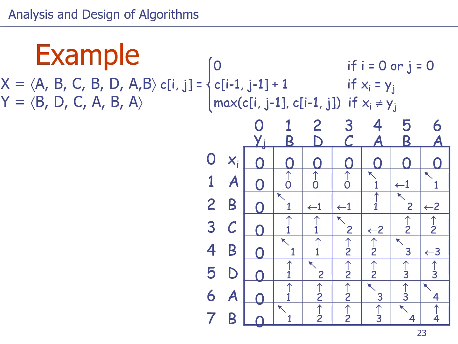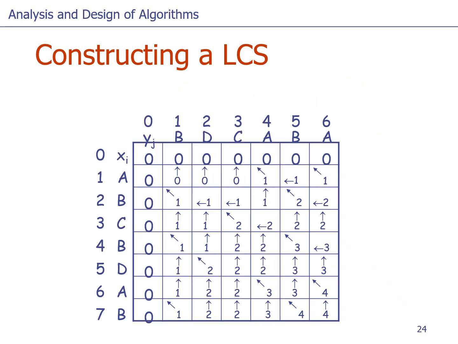I don't know what these letters are, obviously, but I can track through the arrows to figure them out. So to construct the actual sequence, I will look into my arrows and find where the arrow was diagonal, because when it was diagonal, that means I have found a match and I got the previous optimal solution and added 1 to it.